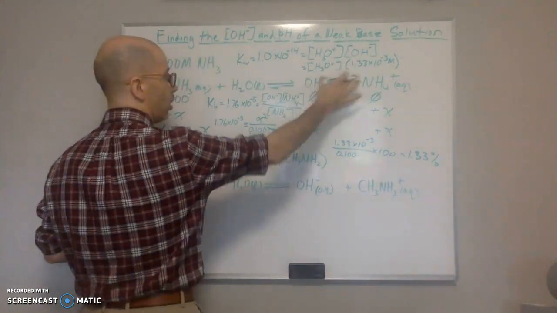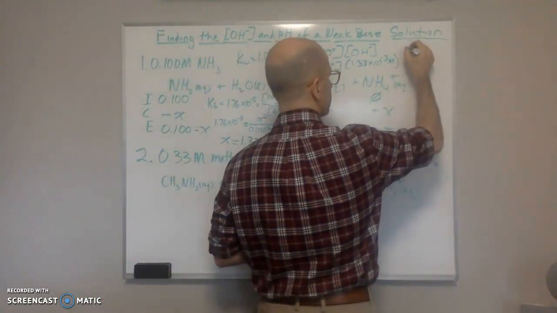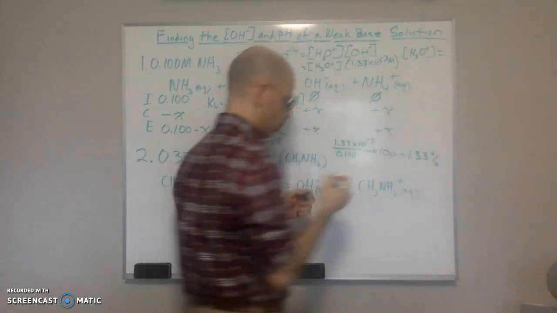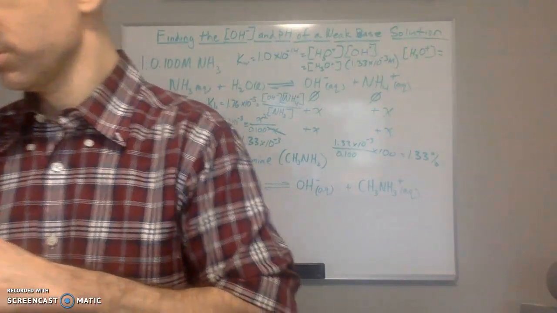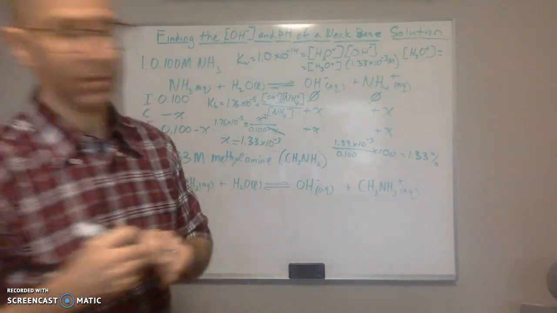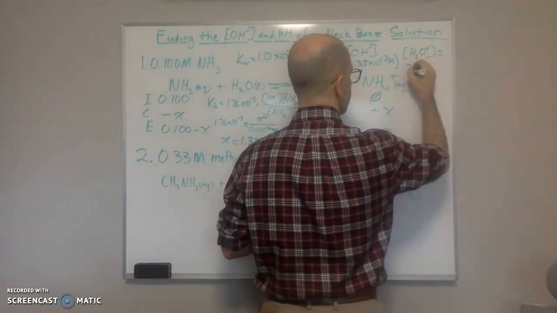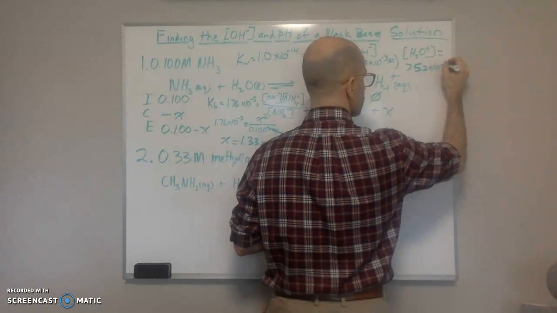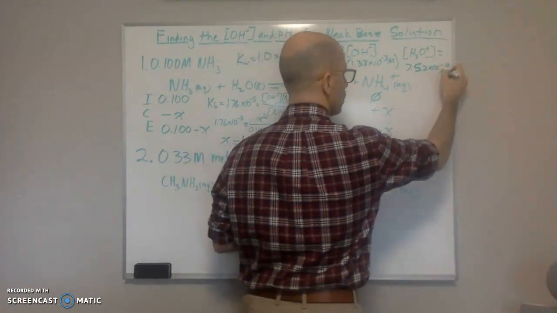And so when we solve this, we get H3O plus concentration is equal to 7.52 times 10 to the negative 12 molar.